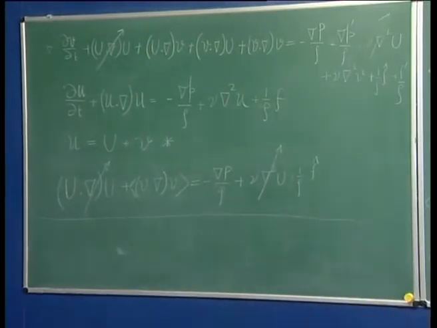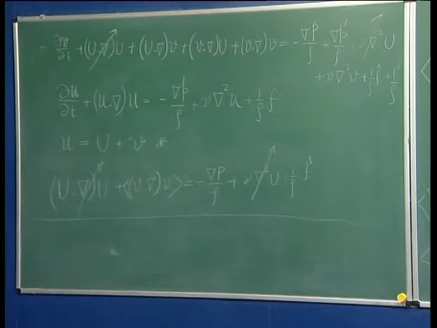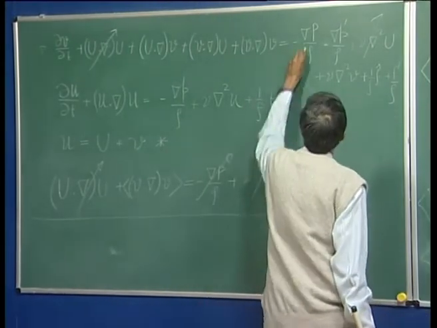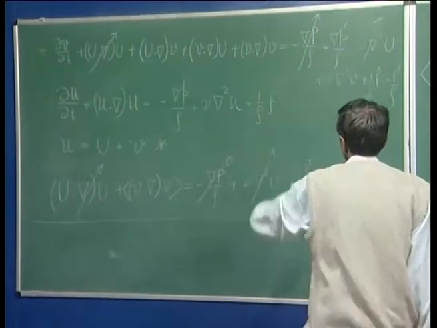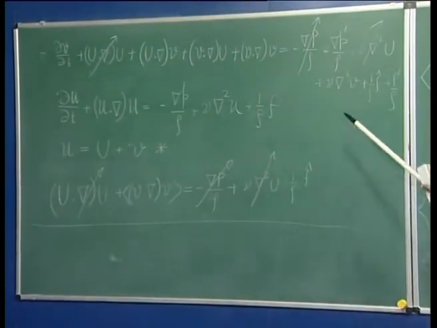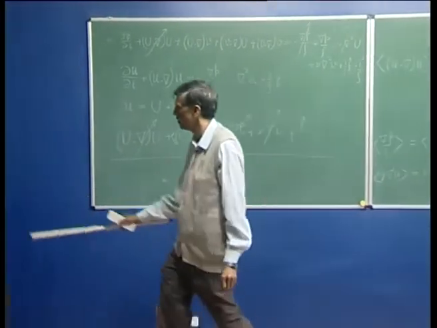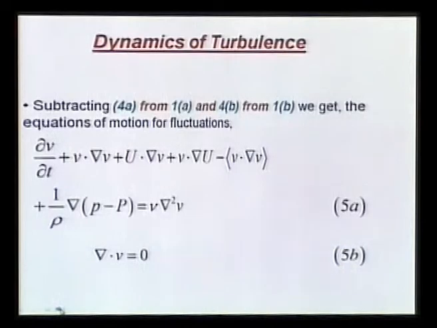This part will cancel, and this part we have said already they have cancelled, retaining this. So this is the term that we are going to get. What about this term?